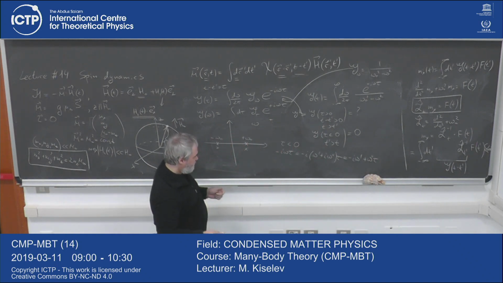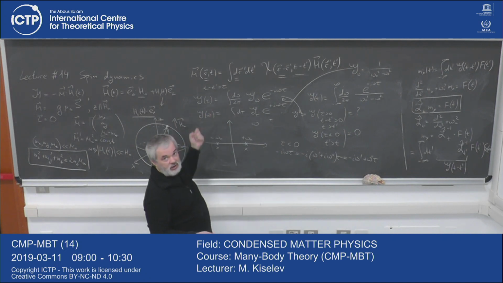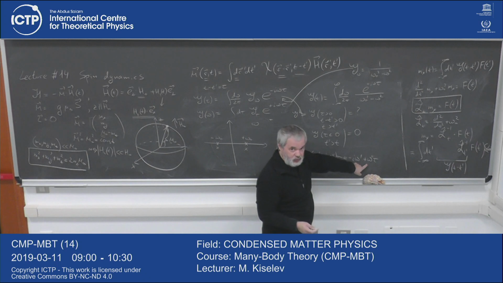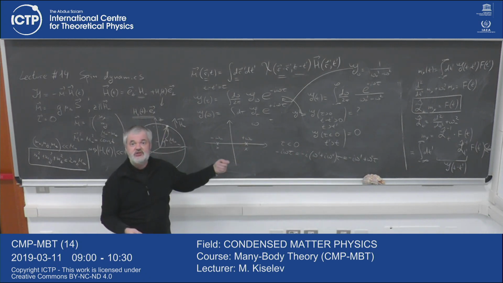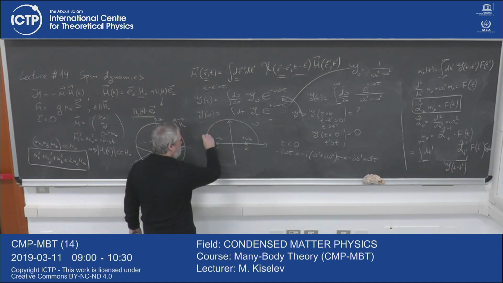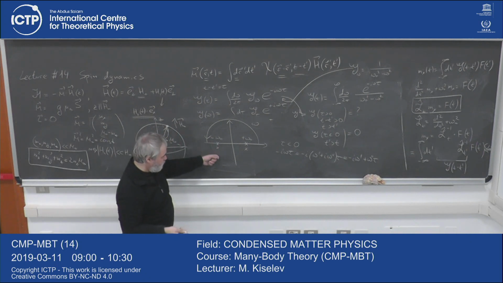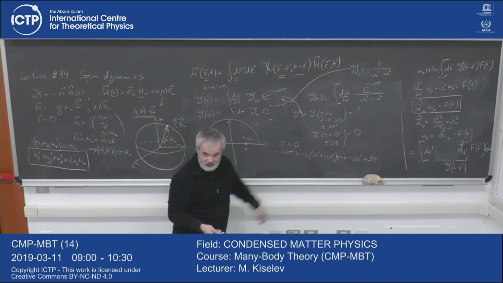So if tau is negative, I have to take my integration and close the contour in the upper half plane, assuming that omega double prime is positive. And if I shift the poles down, there are no singularities in the response function. If I take a contour like that, the integral will give me 0, because there are no residues, no poles. Therefore, this condition is fulfilled.